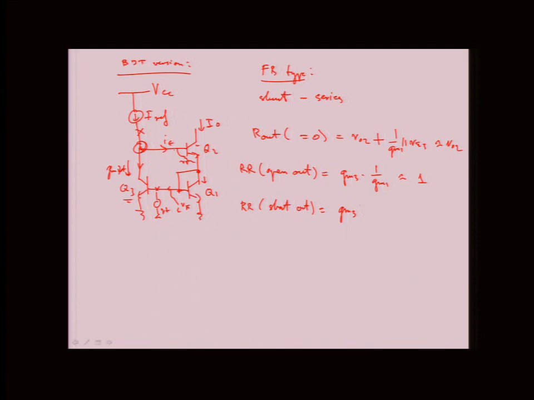Right? So we have GM3 V-test times, but now we have 1 plus beta 0, which is how the base current becomes the emitter current and goes into 1 over GM1 parallel with RPi 3. Right? And if you solve this, this will be approximately beta 0.